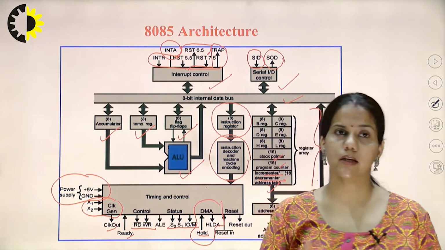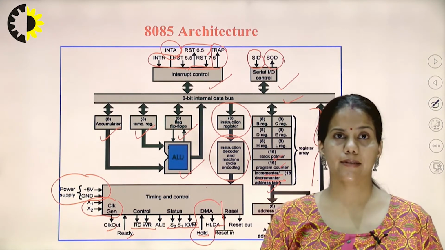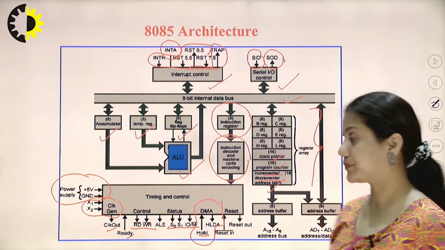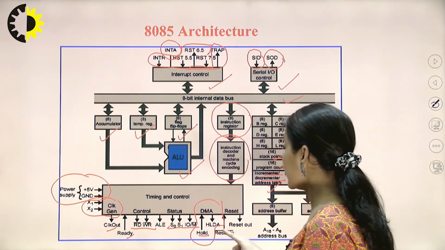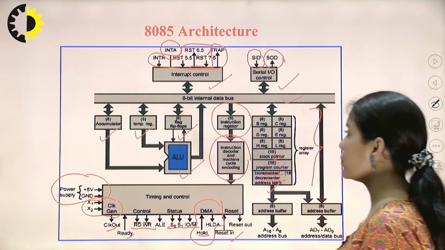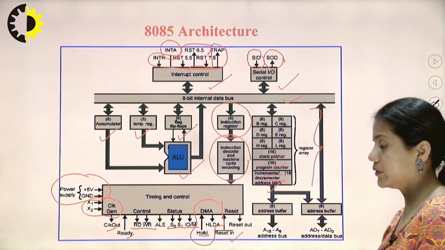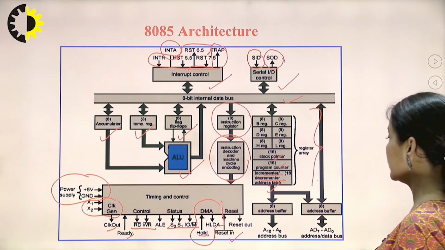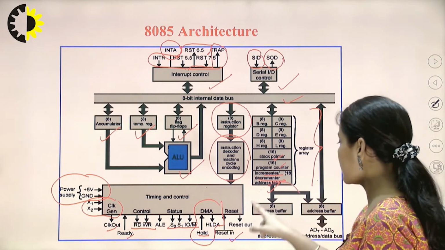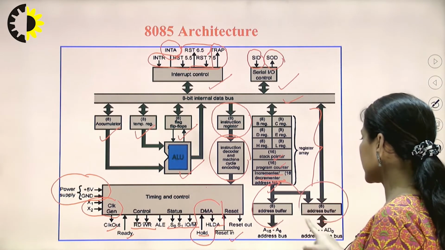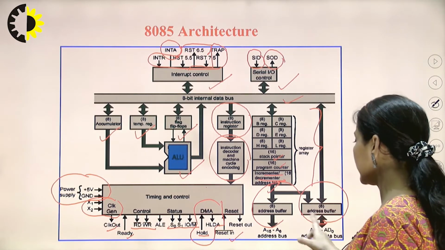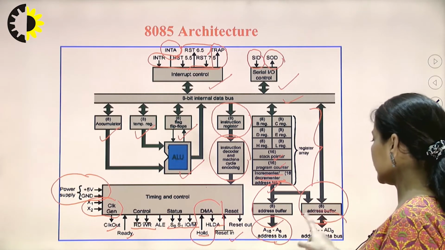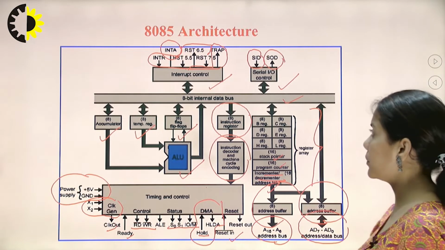HOLD is an input pin and HLDA is an output pin because it is the acknowledgement pin. Reset in and reset out are used to reset the processor and the peripheral devices respectively. Here are the address buffer and data address buffer, the lower order address buffer and higher order address buffer. Here the address and the data bus is shown.